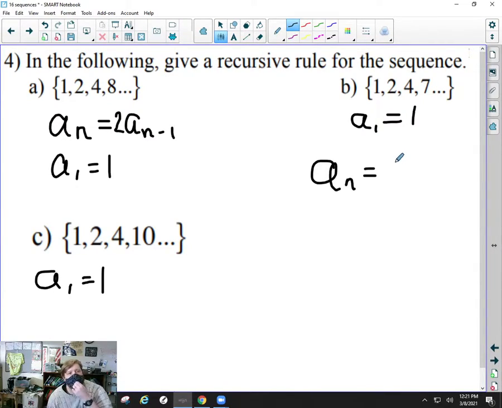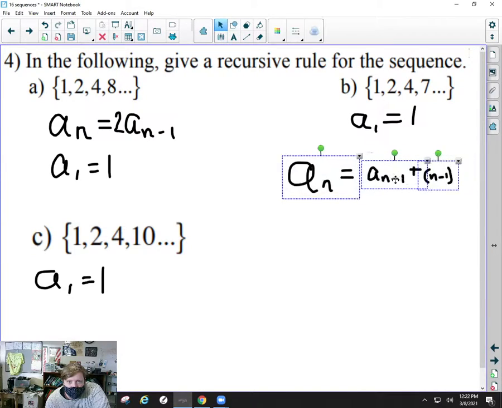I want to figure out a way that only references the previous thing, because we could say something like a sub n minus 1 plus, let's see, that's 1, that's 2, that's 3, plus n minus 1. But I feel like that's cheating. I feel like we're not allowed to write that.